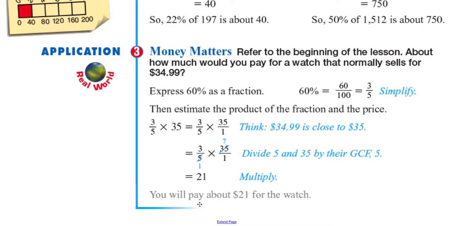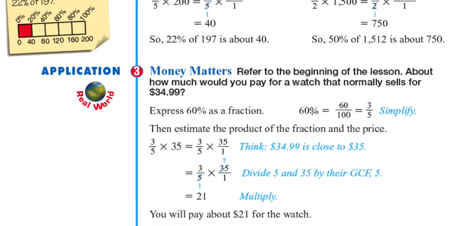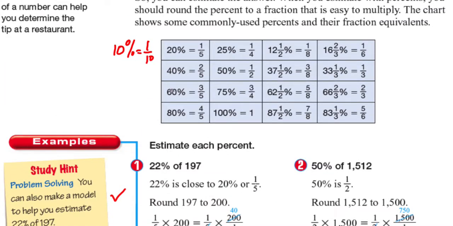So you will pay about $21 for the watch. That's how you estimate. It will be assumed that you know the fraction form of 60% is 3/5 because it's on the table right there. The secret word for this lesson would be tree, T-R-E-E.